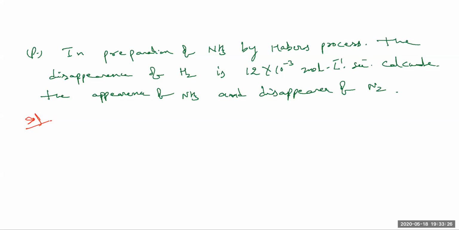Okay, what is the answer? So the disappearance of N2 is 36 into 10 power minus 3, and the appearance of NH3 is 24 into 10 power minus, sorry, 8 into 10 power minus 3.